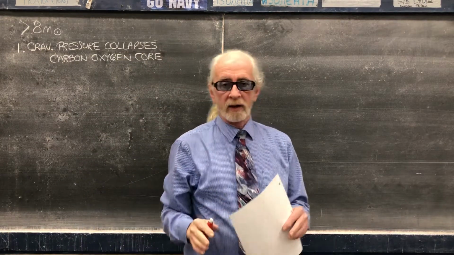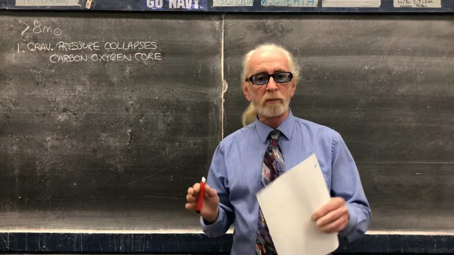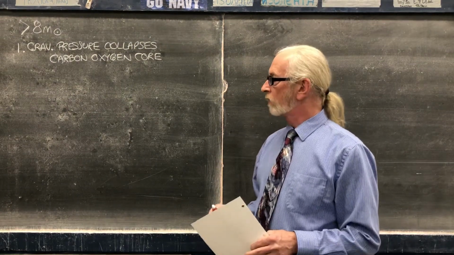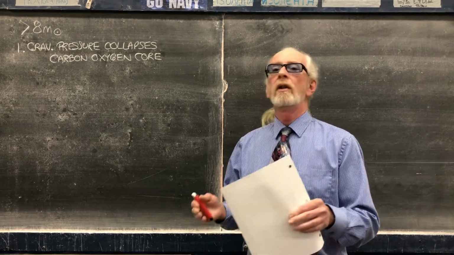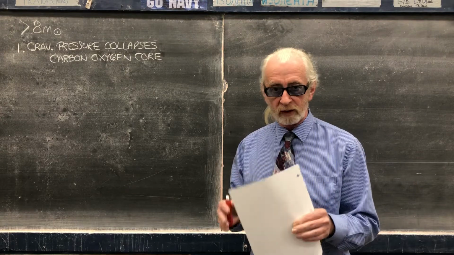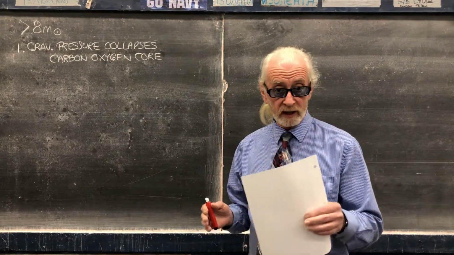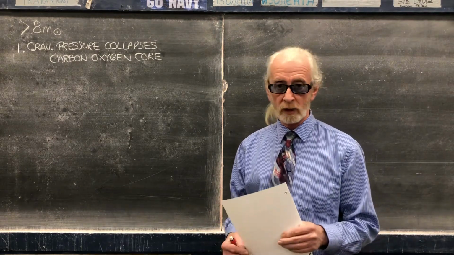Recall that in that carbon-oxygen core, it's being supported by degenerate electron pressure. And in this case, the gravitational pressure exceeds the back push of the electron degeneracy. All right, so we're getting into the Chandrasekhar limit again, only this time, this is occurring within the star itself.